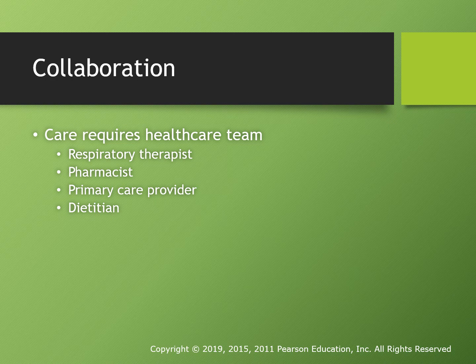Collaboration. Care of the patient experiencing respiratory acidosis involves the efforts of the entire healthcare team. A respiratory therapist may provide breathing treatments and related therapies as ordered. Consultation with the pharmacist and the patient's primary care provider prevents administration of medications that may be contraindicated.